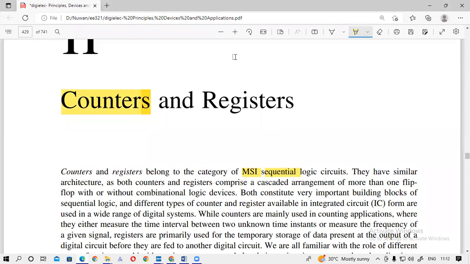MSI means medium scale integration, integrated circuit, medium scale IC. So these counters are coming as integrated circuits, commercially available as IC.